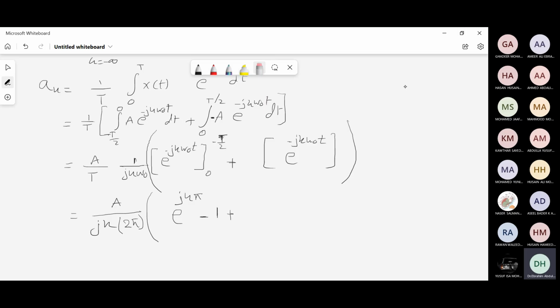So from 0 to t over 2, when t equals t over 2, we get e to the power of minus jk omega naught t, which is 2 pi divided by 2, so pi. Minus at 0, it is equal to 1.